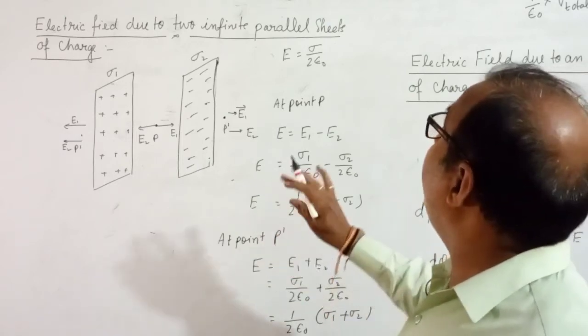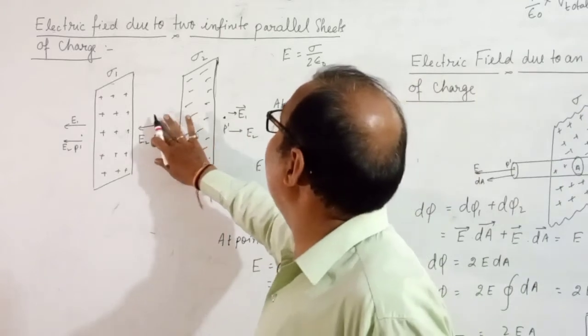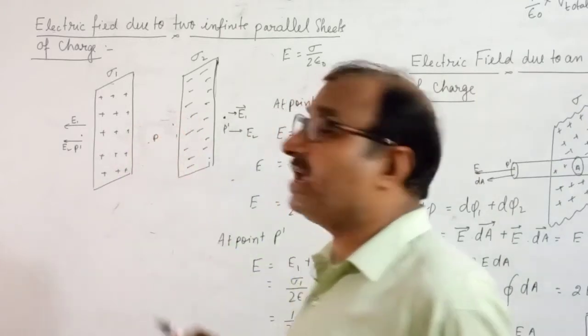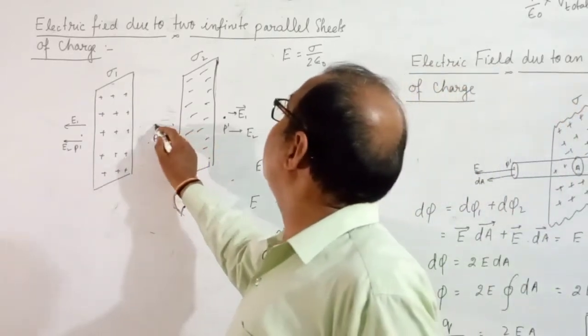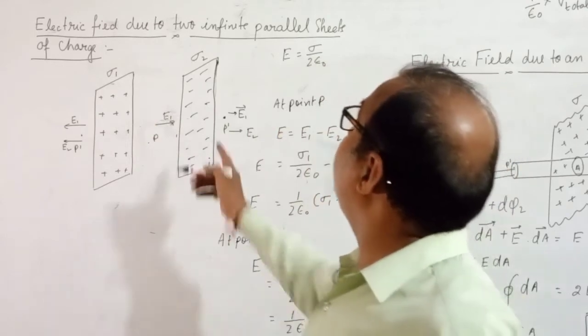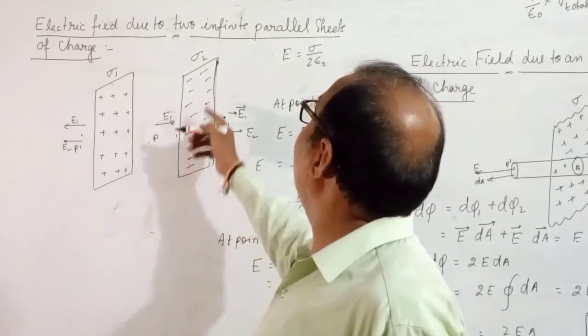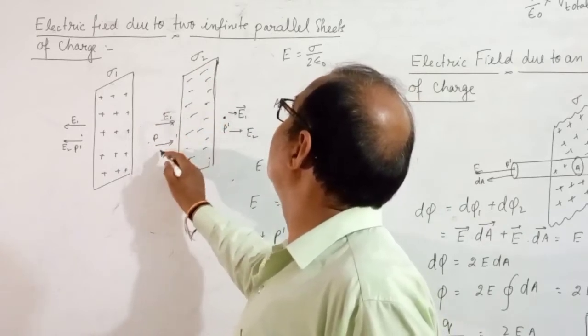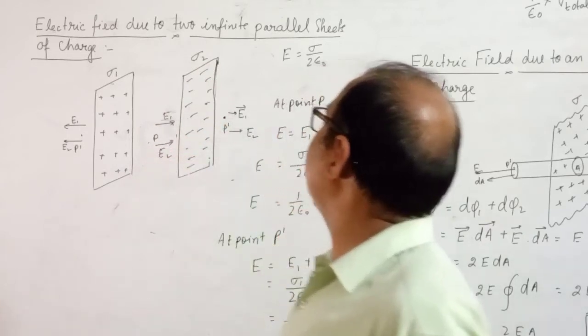See here, when negative charge is placed here, then at point P, the direction of electric field will change. Due to positive charge, intensity of electric field E1 is away from the charge, but electric field E2 due to minus charge is toward the charge. So both are in the same direction.